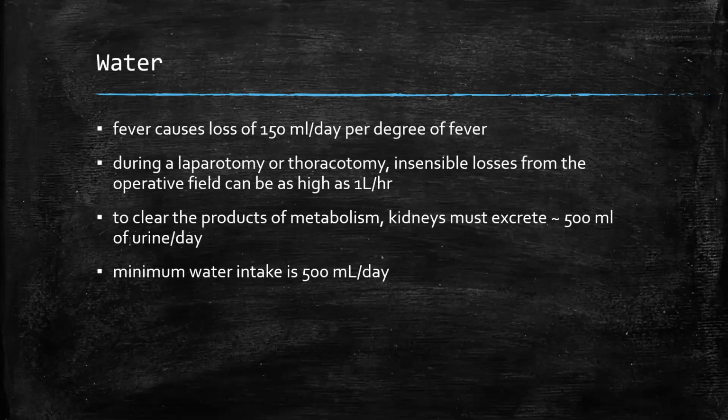During a laparotomy or a thoracotomy, when you have the chest or abdomen wide open, you can lose as much as 1 liter per hour through the peritoneum. At the end of a case, we usually ask the anesthesiologist how much fluid they gave.